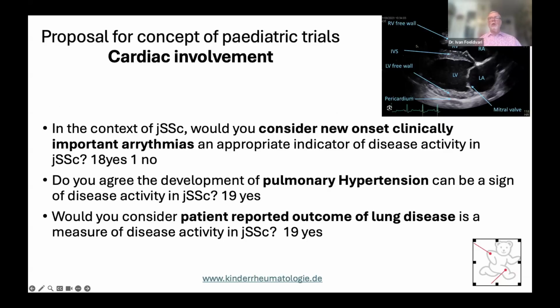If you have a new onset clinically important arrhythmia, that is clearly activity. And if pulmonary hypertension occurs, meaning that the pressure in the pulmonary vessels is increasing, that is clear activity. A patient-reported outcome of lung disease is clearly an activity measure too.